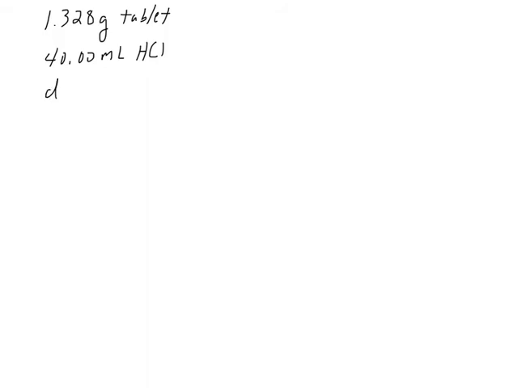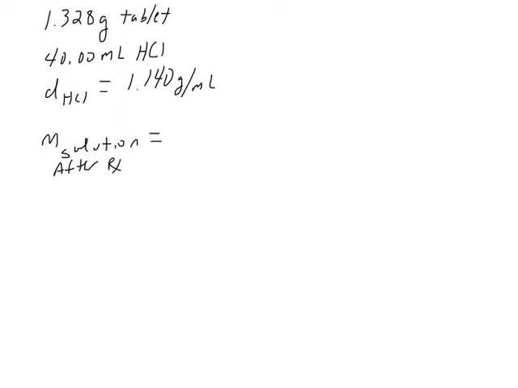They gave us the density of the HCl, and they said that was 1.140 grams per milliliter. And then they said the mass of the solution after the reaction equals 46.699 grams.